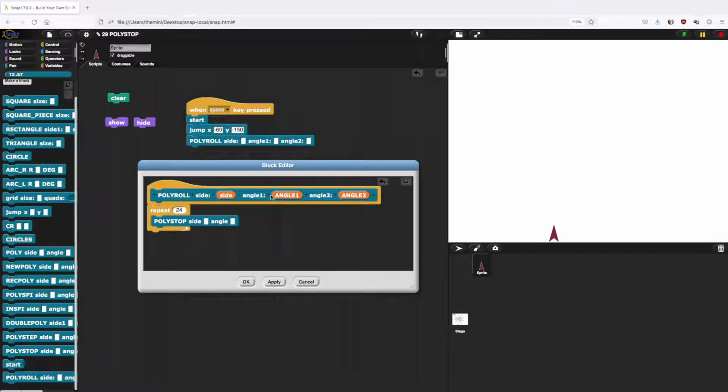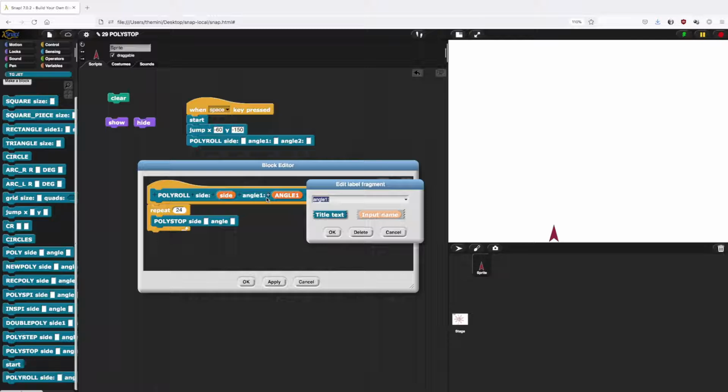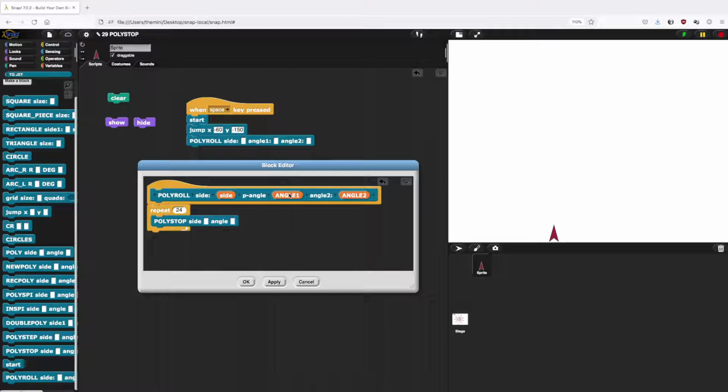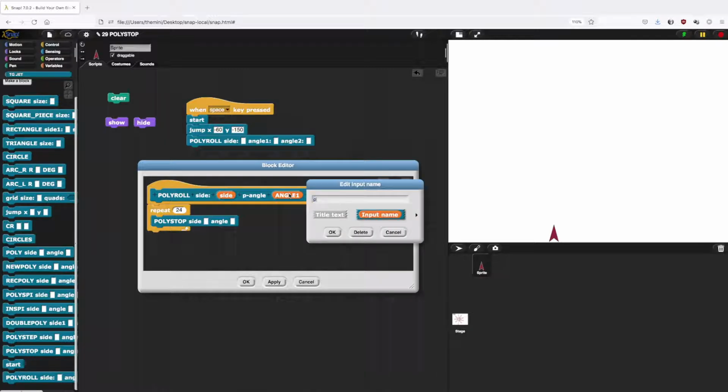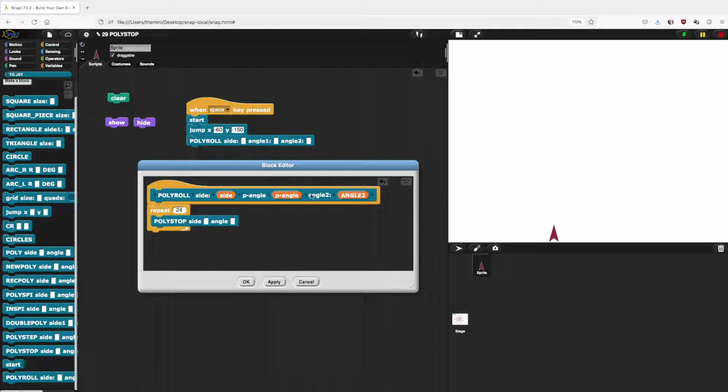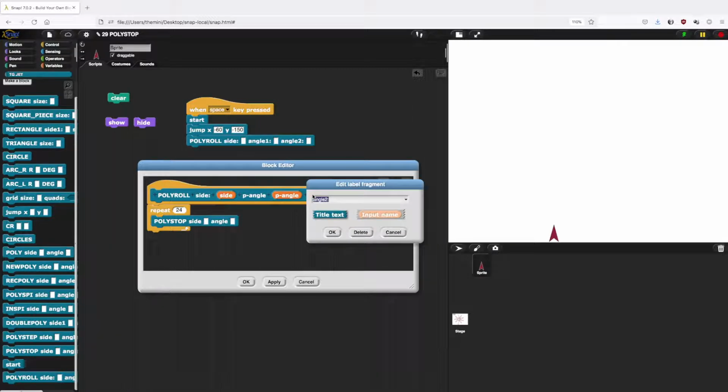So I think actually I will rename this one P angle, because this is the angle of the polygon. And this one is the angle of the bigger shape, so we might just call this one angle.